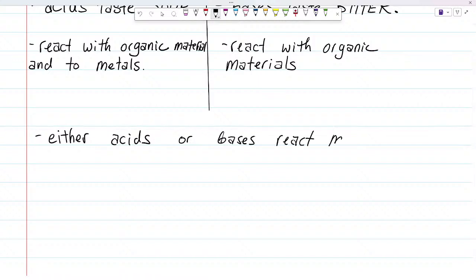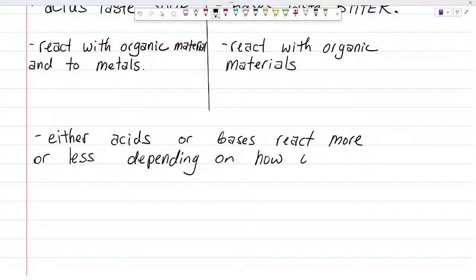react more or less depending on how concentrated they are. What does concentrated mean?